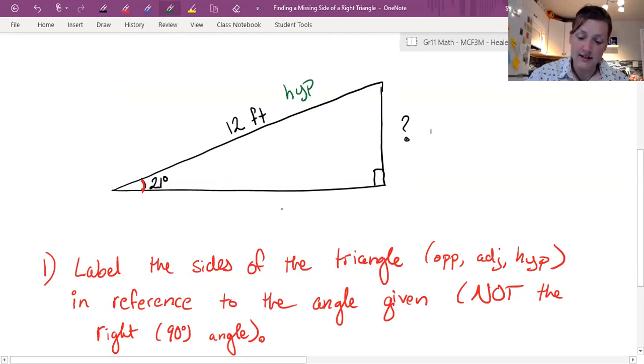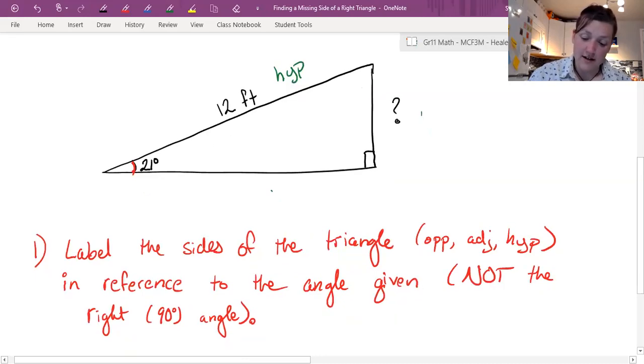Then for this side and this side, we look at this 21 degree angle, and we see that the side where I wrote our question mark is across from, or opposite, the 21 degree angle. So that's our opposite side. And this side down here is adjacent, or next to, that 21 degree angle. So that's our adjacent side.